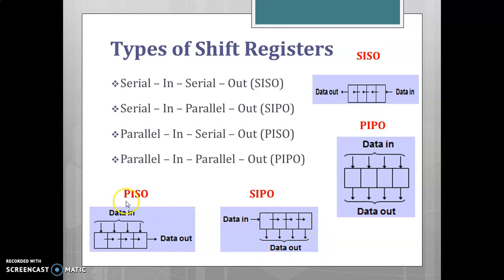In the parallel in, serial out register, the data inputs are entered in parallel and the output is taken serially. In the parallel in, parallel out register, the data are entered in parallel and the output is also taken in parallel.